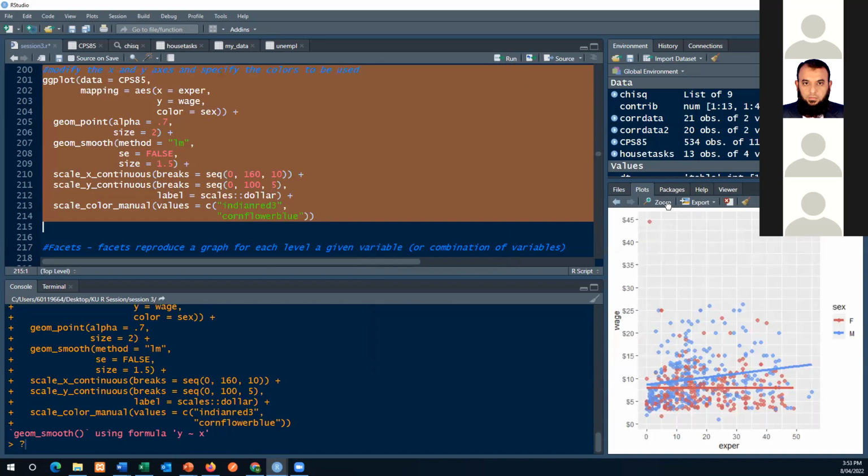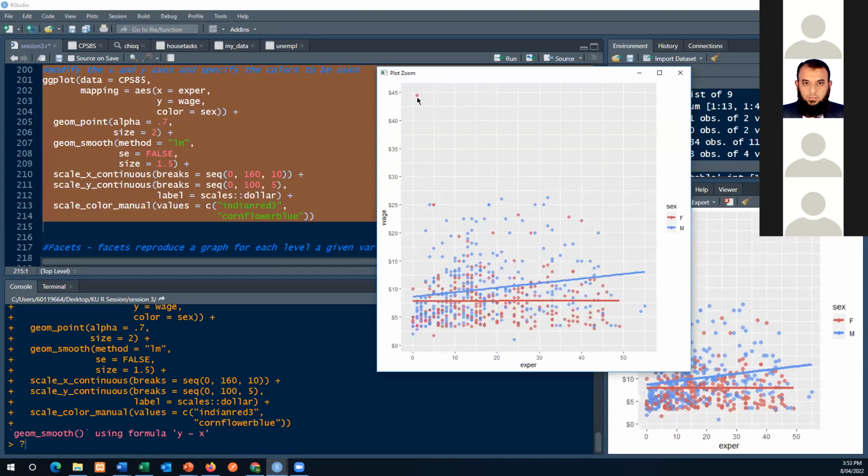Okay, you can see, actually this is 40, so it goes up until the maximum. It's something like 40, 50, because we want by 5, so it goes to the maximum of it. Although we asked it to go up to this, it found the range of the maximum x and maximum y, and it has a trim there, so you don't have a very awkward graph, which is good.